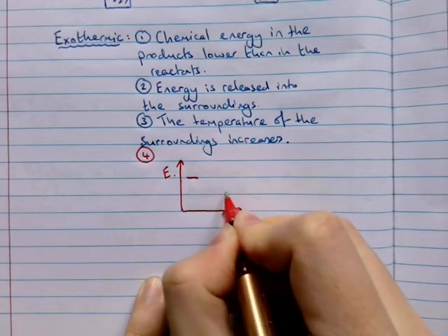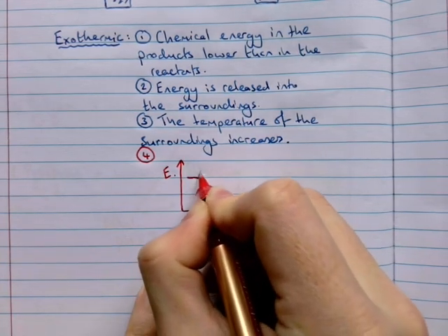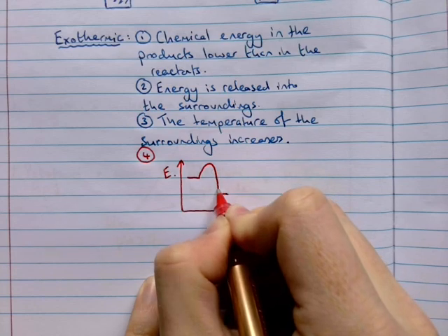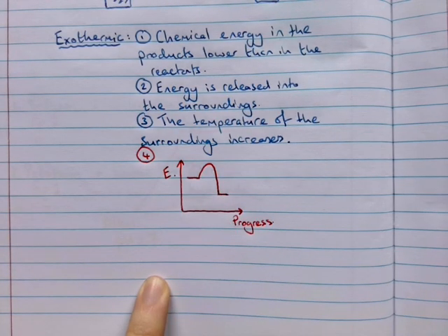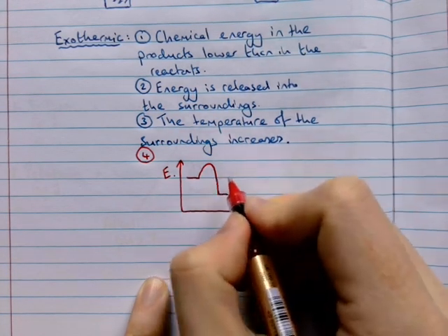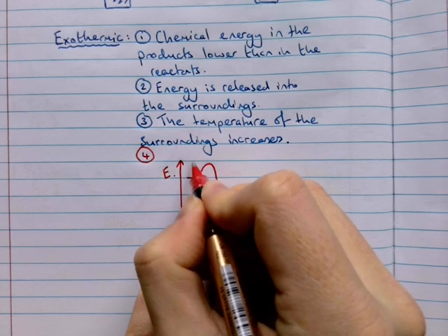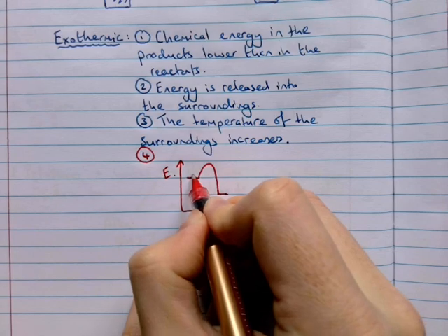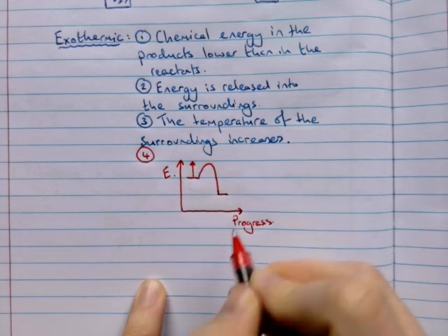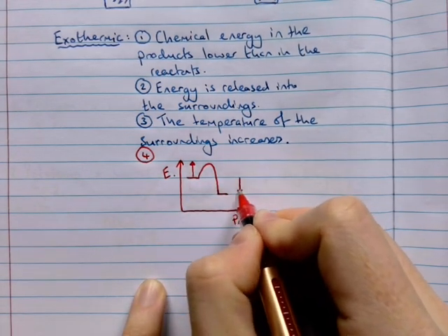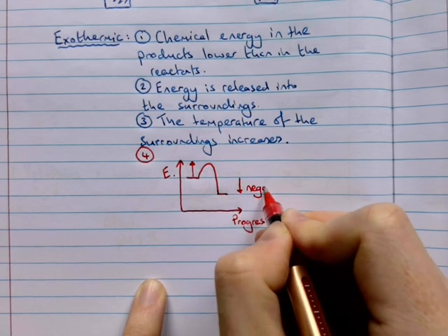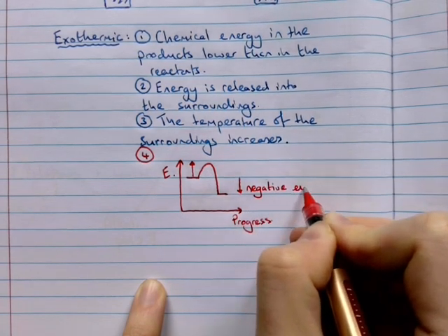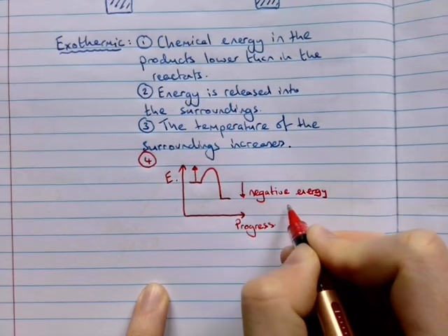And we start up here, we end down here, and it looks like this. All right? And we can say that this here is the activation energy. That's the activation energy. And we have also a negative energy change.